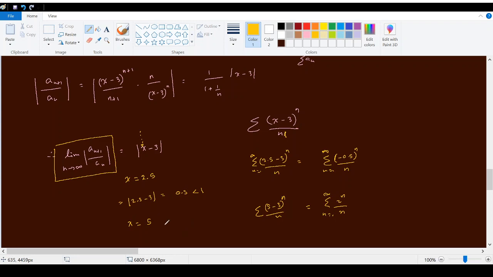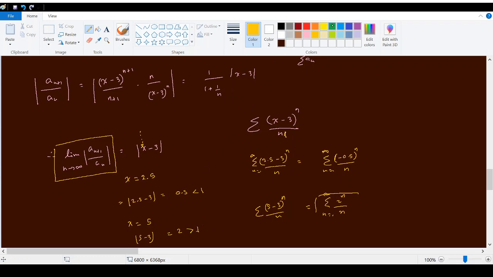But if it is 5, that means if it is this series, then our modulus will be modulus of 5 minus 3, and that is equal to 2, which is greater than 1, right?